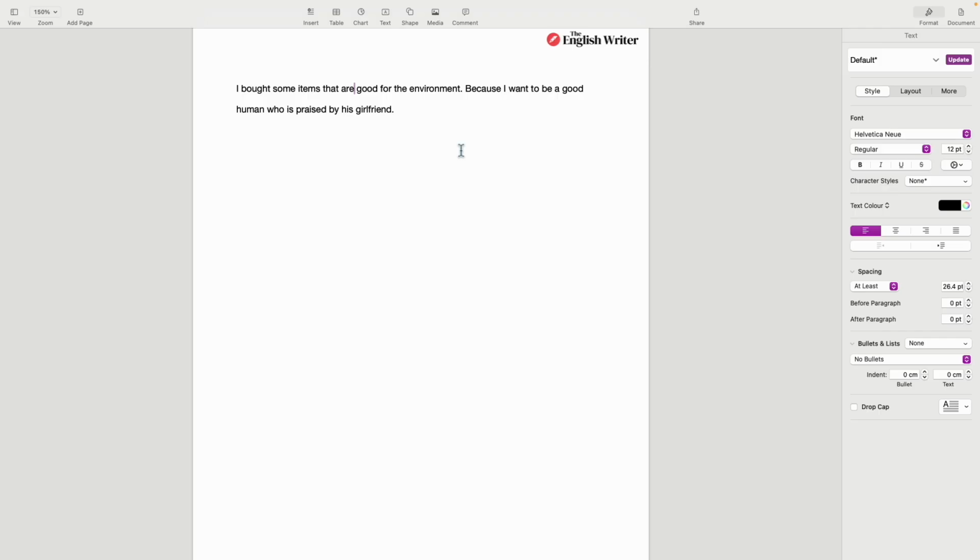One clause is correct. Let's have a look at the because clause. Because I want to be a good human who is praised by his girlfriend. Now, I think this is quite funny, and I know the student was very aware that it was humorous. He's very self-aware, and he's a very funny guy. So he realised what he was doing. It was quite manipulative. So, let's fix the English.